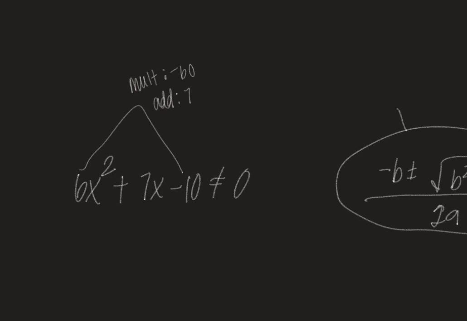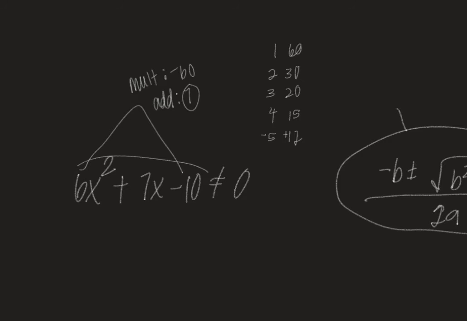Negative 60, 1 and 60, 2 and 30, 3 and 20, 4 and 15, 5 and 12. I think the 5 and 12 can work, because if we're multiplying to get a negative, we're going to have two different signs. You're adding to get a positive, so what if you make the 12 positive and the 5 negative? They multiply to give you negative 60, they add to give you 7.